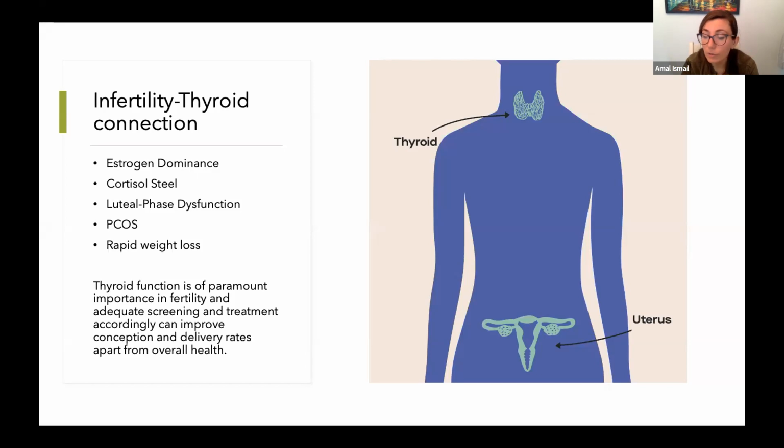If you have a situation where you have estrogen dominance, we talked about this earlier, estrogen dominance signals a reduction in thyroid hormone availability. Stress, again, is a massive factor in thyroid dysfunction, because it results in what we call the cortisol steal. Cortisol is one of the hormones produced as part of the sex hormone cycle.